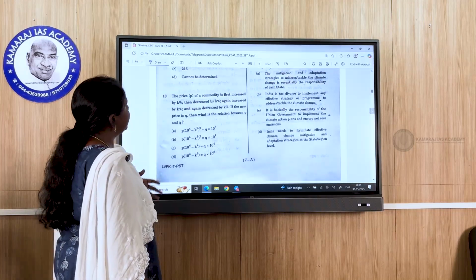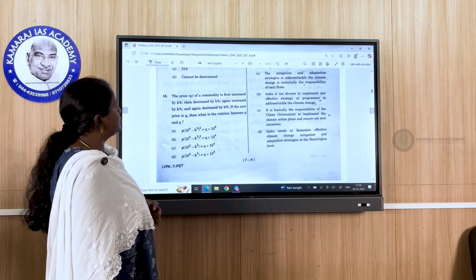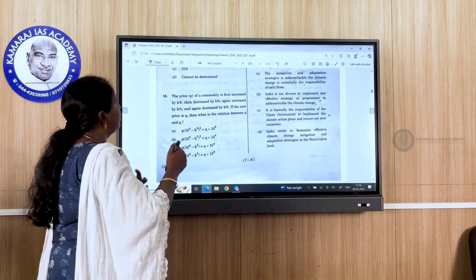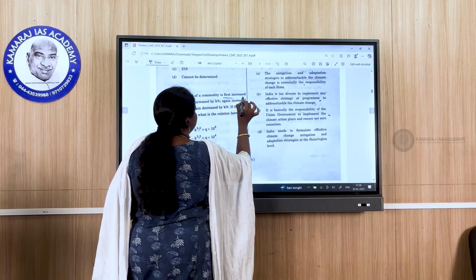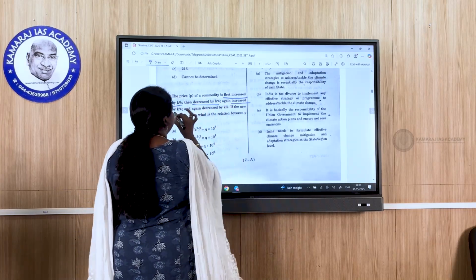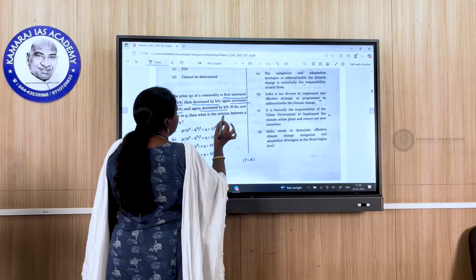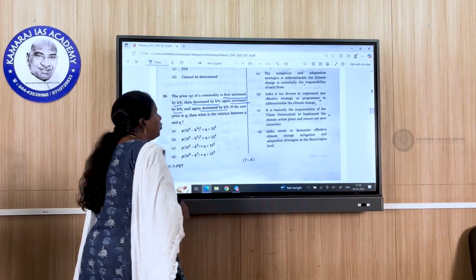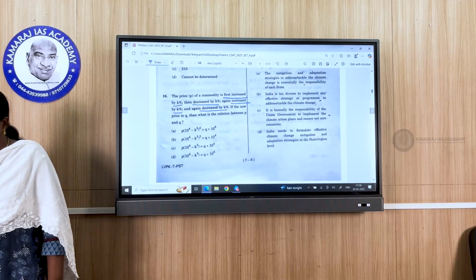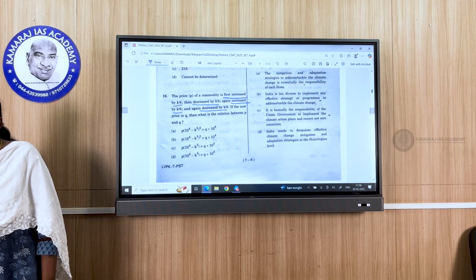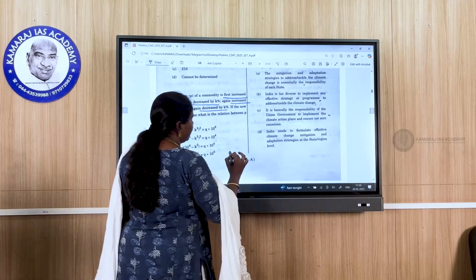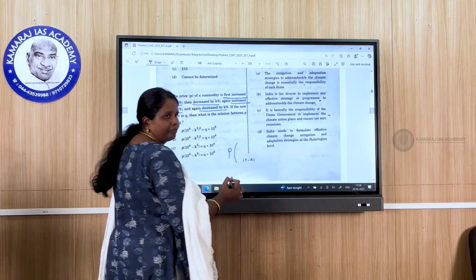Next, the price of a commodity is first increased by K percentage and then decreased by K, again increased by K and again decreased by K. If the new price is Q, then what is the relationship between P and Q? So what can be done? First I am having the initial price as P, right?